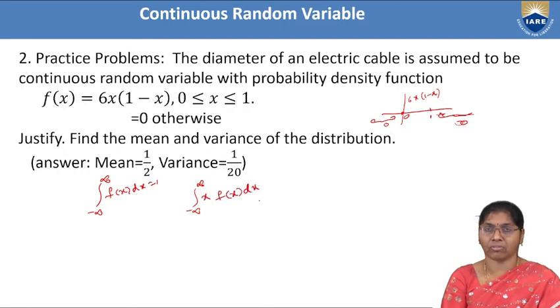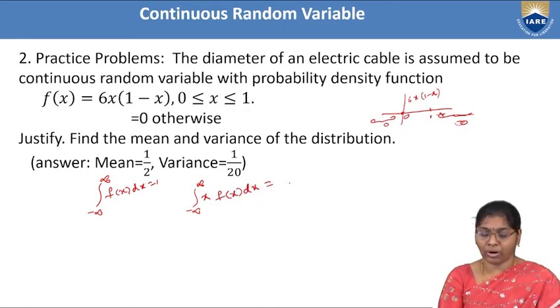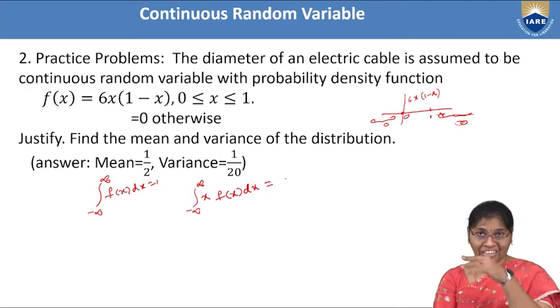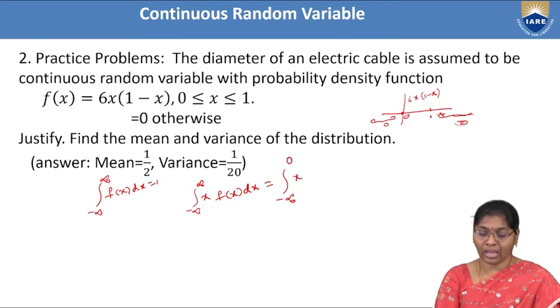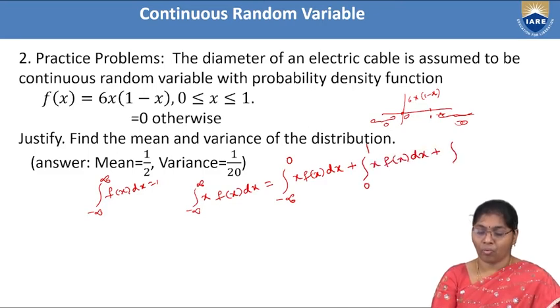I am splitting it into subparts: integral minus infinity to 0 of x f of x dx plus 0 to 1 of x f of x dx plus 1 to infinity of x f of x dx.